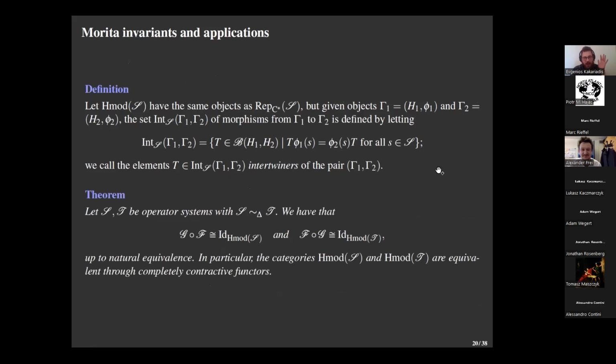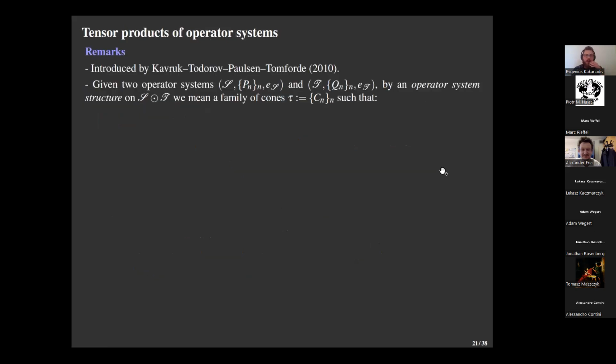What was also a point of motivation is what happens with tensor products of operator systems. So Morita equivalence plays well with nuclearity and exactness. And we asked, okay, can we have something similar for operator systems?